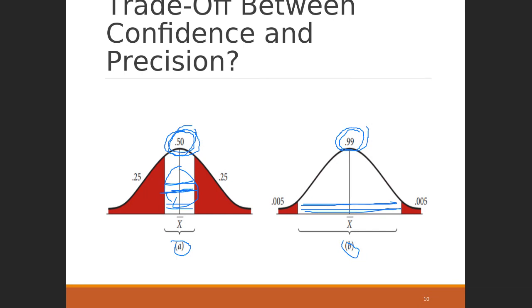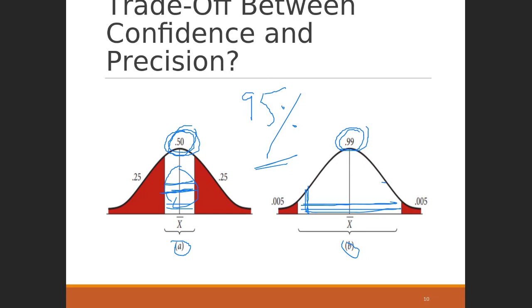So we have to make this decision. Are we going to compromise our confidence level to get more precision, or are we going to compromise our precision to be more confident about our estimates? So personally, like I discussed in our last slide, we usually go for a 95% confidence interval. When we are using 95% confidence interval, let's say it will be around here.